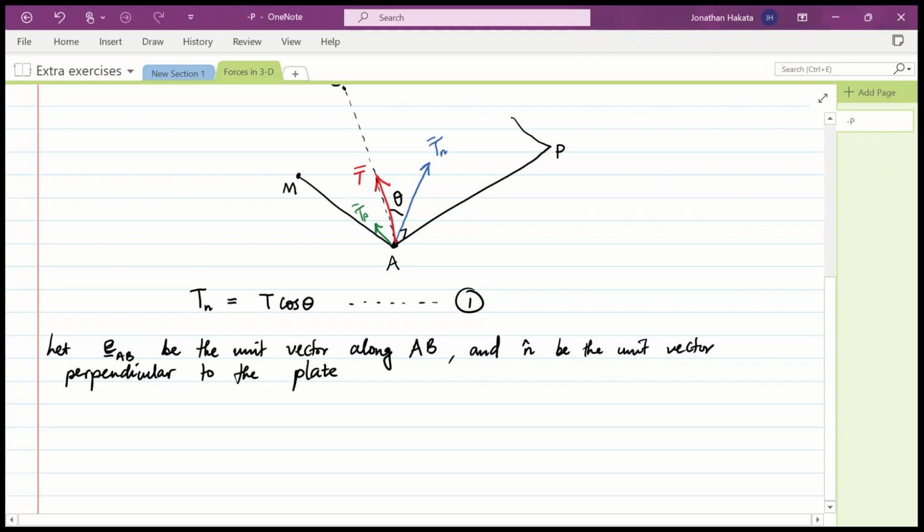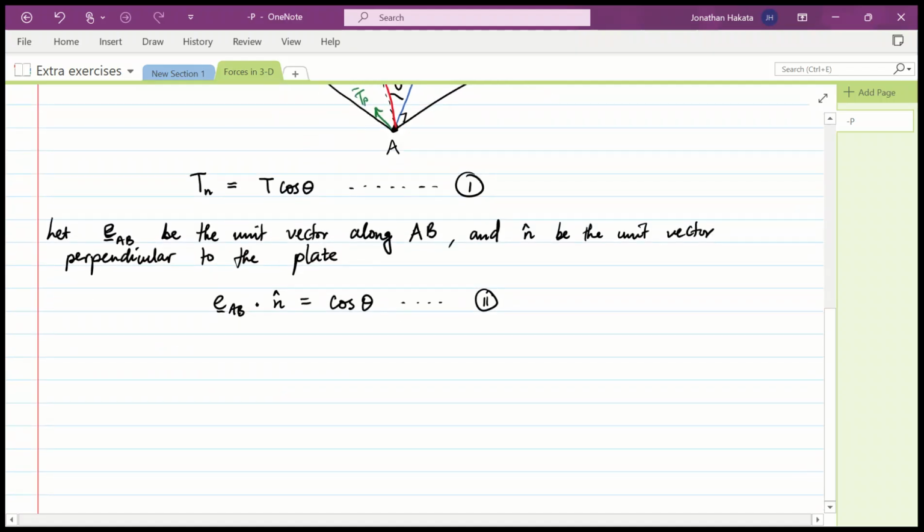From the definition of a dot product between two vectors, EAB dotted with n hat gives the magnitude of EAB times the magnitude of n hat times cosine theta. But the magnitude of these unit vectors is 1, so I have 1 times 1 times cosine theta. In other words, in equation 1, I can replace cosine theta by the dot product of these two unit vectors.